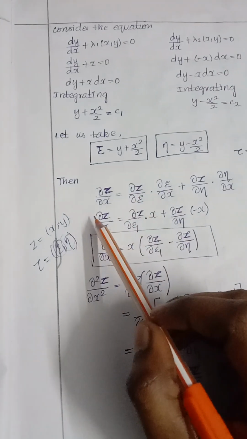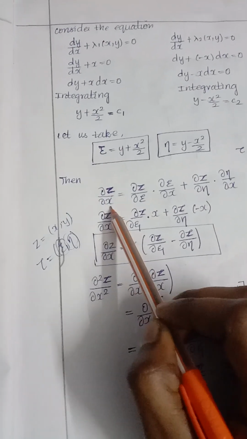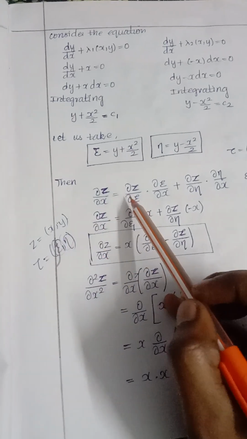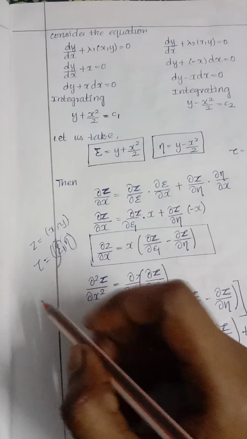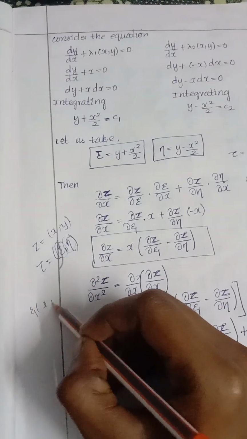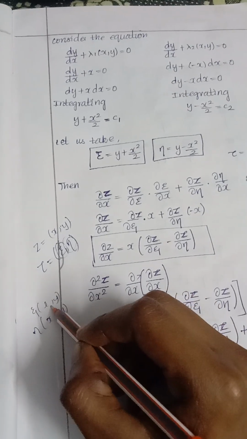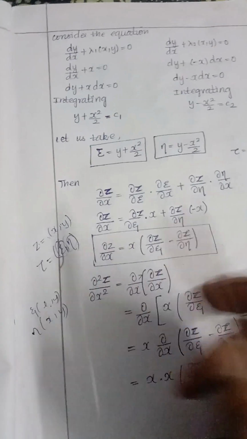Both are depending on x and y. So finally z and ζ refer to the same thing.